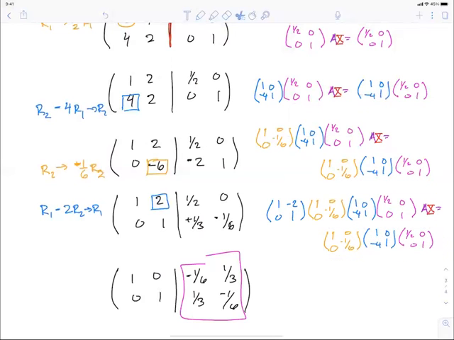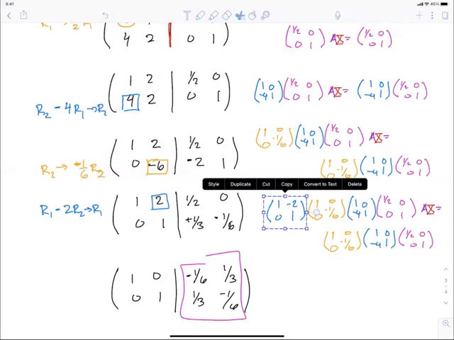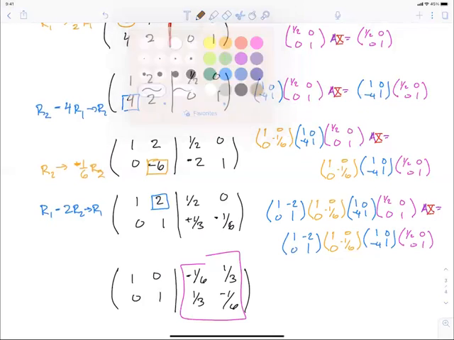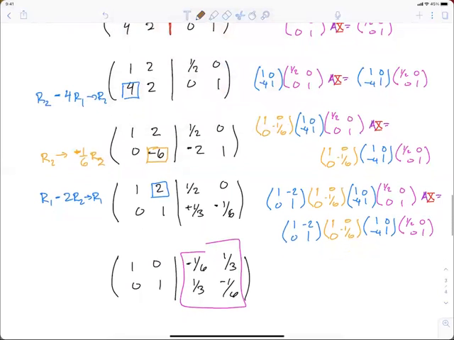And so now we have all these matrices right here. Now this may seem like a mess, but we know what's on the right now. On the right, this right here is A inverse. That's what we got. We multiplied by A inverse.